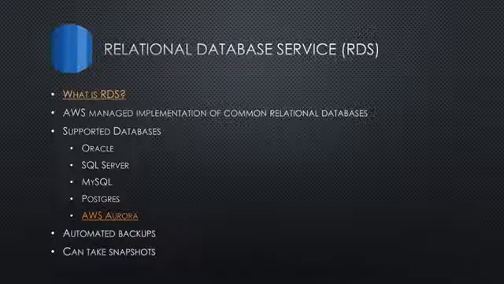Okay, so RDS, Relational Database Service. It's an AWS managed implementation of common relational databases. Some of the supported databases are Oracle, SQL Server, MySQL, Postgres, and AWS Aurora. AWS has their own implementation of an RDS called Aurora.